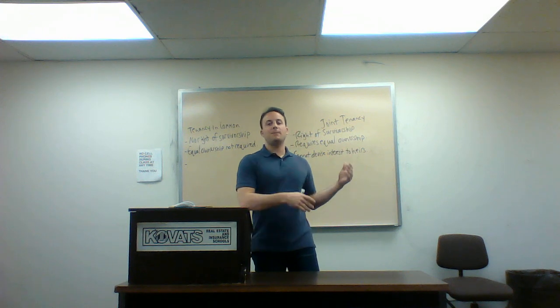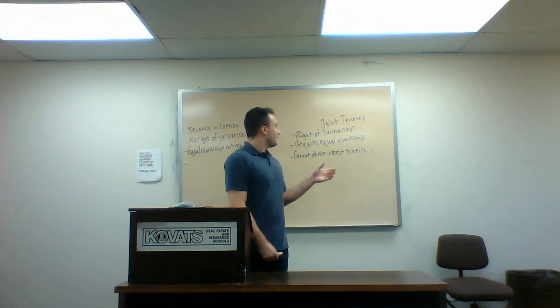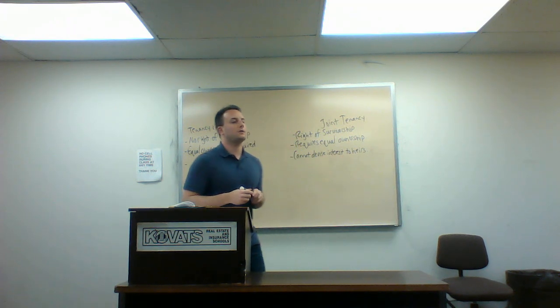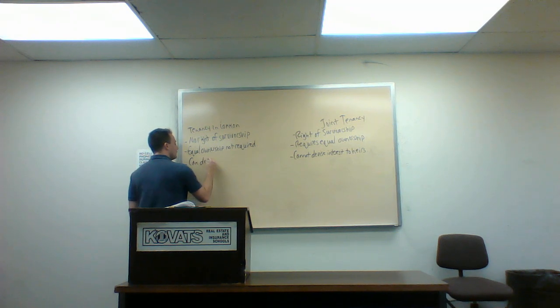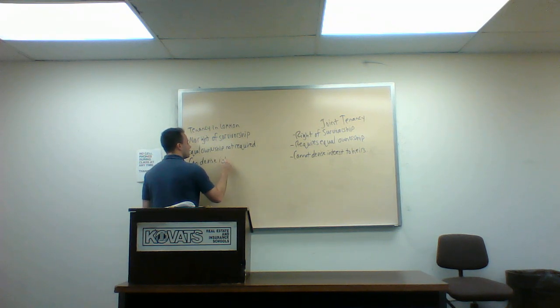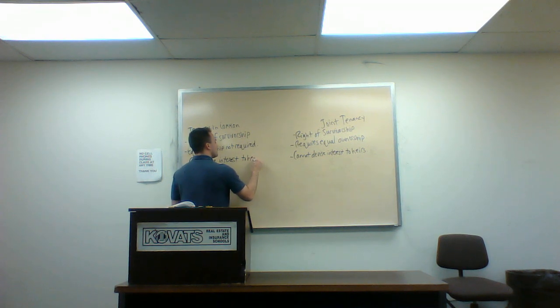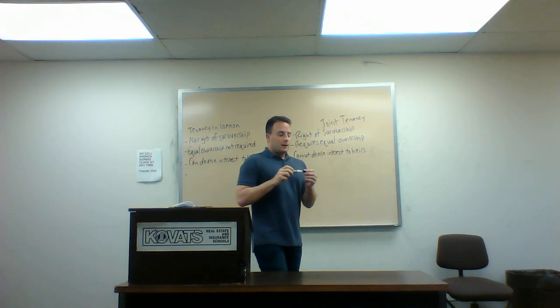And again, just keeping along with our theme here, whatever's true for one is the exact opposite for the other. So number 3 for tenancy in common, you can devise interest to your heirs. Number 3, can devise interest to heirs. So that's number 3.